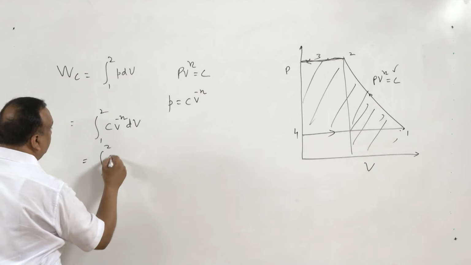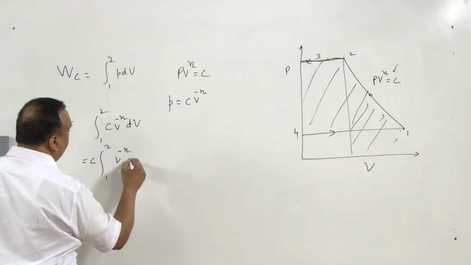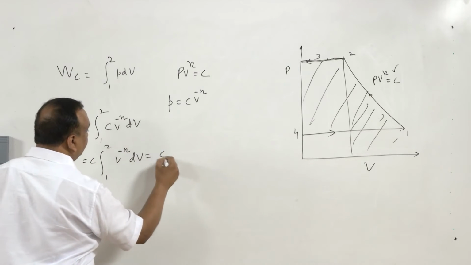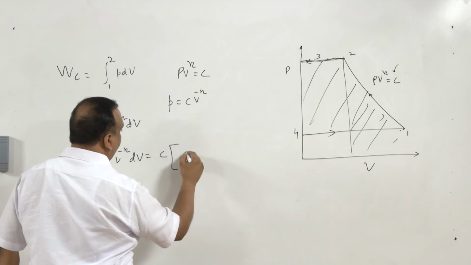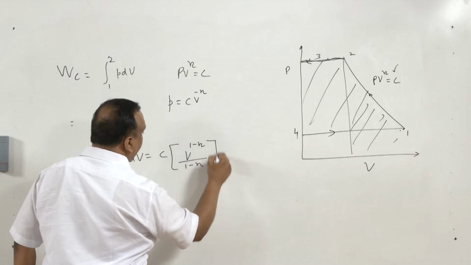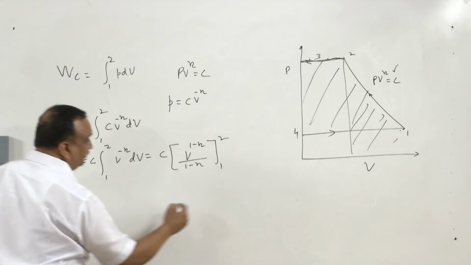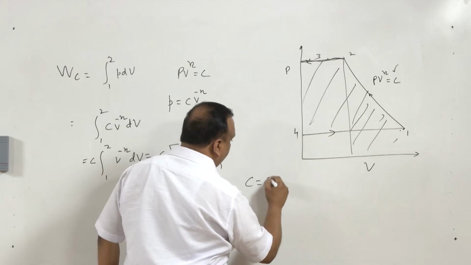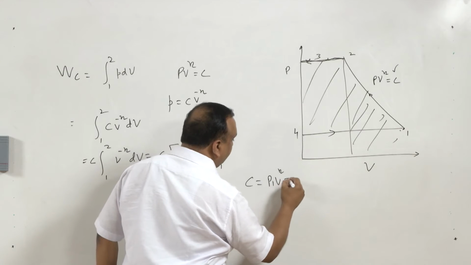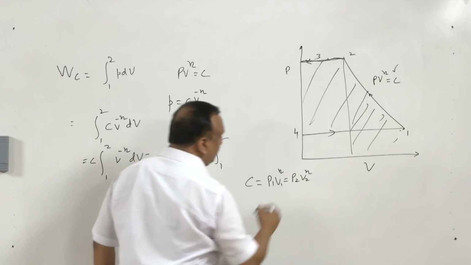Now, again integral 1 to 2 CV raised to power minus n dV is equal to CV raised to power 1 minus n upon 1 minus n from 1 to 2. Now, C is also equal to P1 V1 raised to power n is equal to P2 V2 raised to power n.